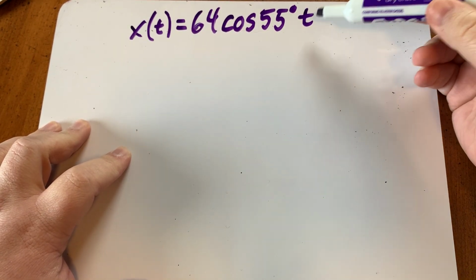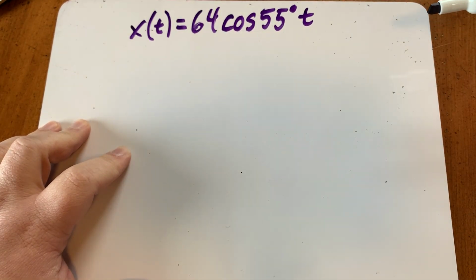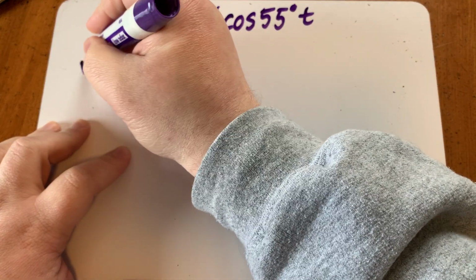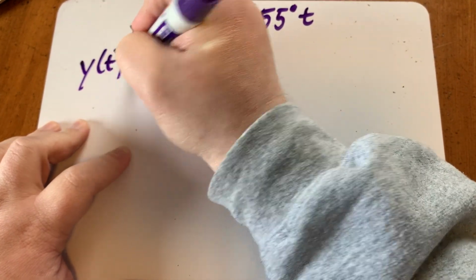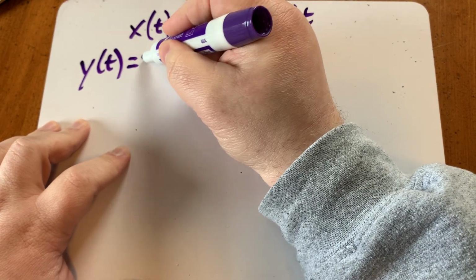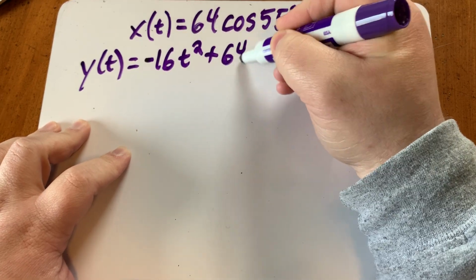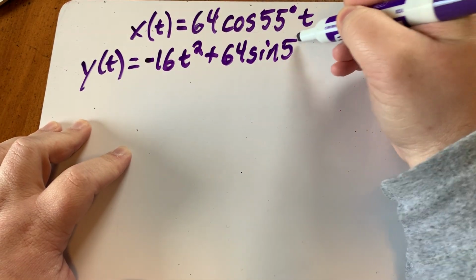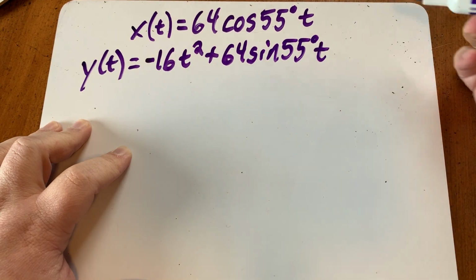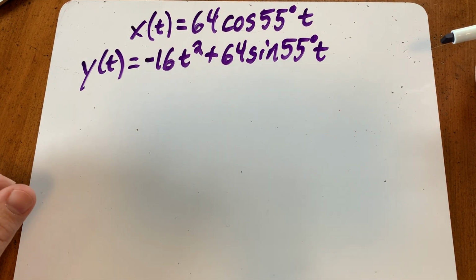At any given time, we can find out how far away from the initial position the ball is. For our vertical, it's 1/2 g t squared, so it's negative 16t squared plus our initial velocity times the sine of the angle, times t, and then plus our initial height, which we're not told, so we're assuming it's 0.